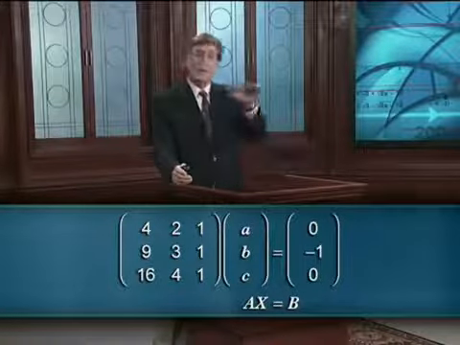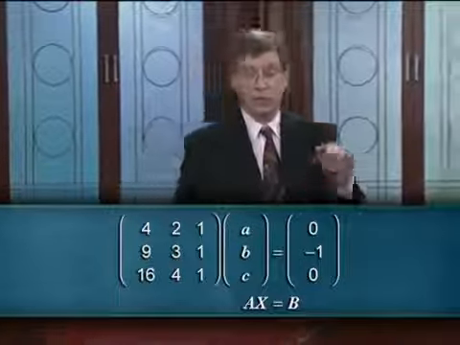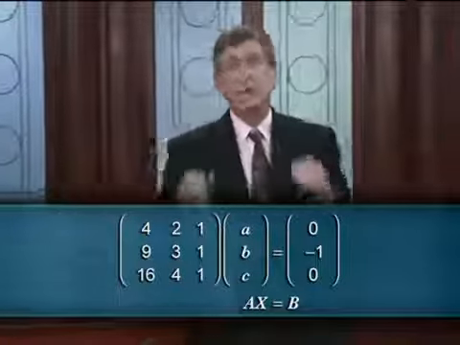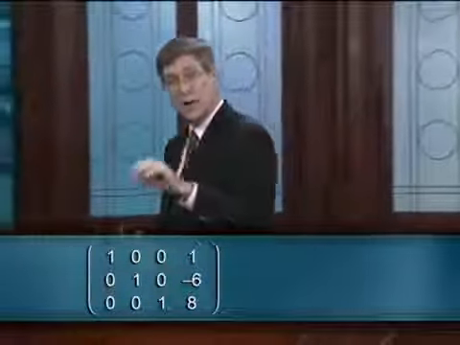And by the way, this is a way a lot of graphing calculators would accept the system. You then solve it by Gaussian elimination. Again, I said I'm not going to go through the steps, but when you do all the steps of Gaussian elimination, often called row reduction, here's the answer you get. You get a matrix, and I'm going to write the matrix together with the right-hand side, and it's 1, 0, 0, 1, 0, 1, 0, -6, 0, 0, 1, 8.